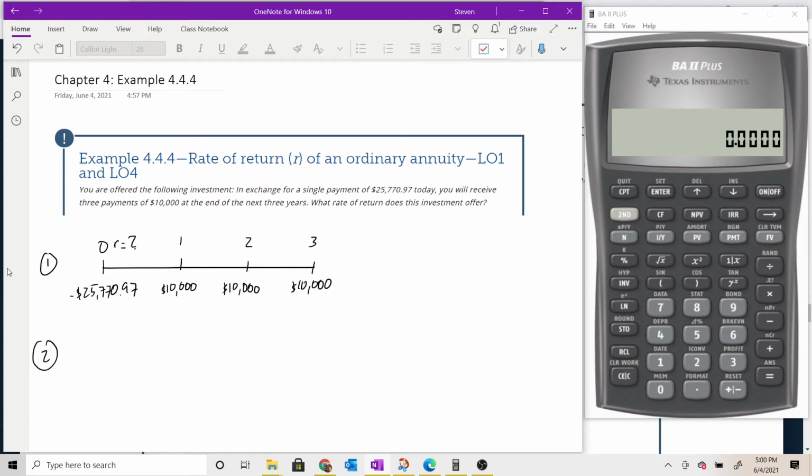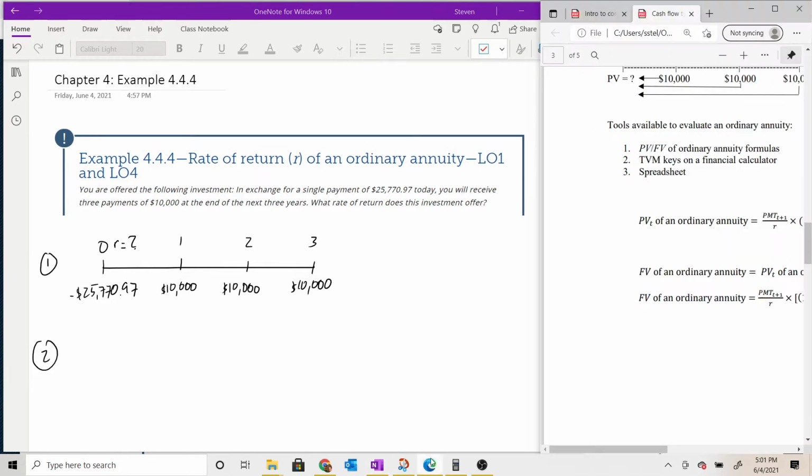I know it's not a perpetuity, because perpetuities would go on forever. So I'm looking at either some mixed stream of lump sum cash flows, or if I can identify it as either an ordinary annuity or an annuity due, then I can use the shortcuts that are available either through the present value, future value of annuity formula, or the time value money keys to solve it all at once.